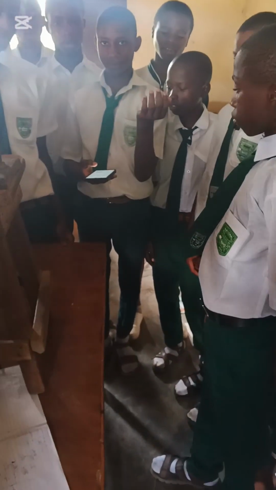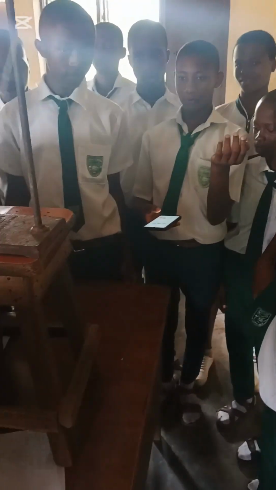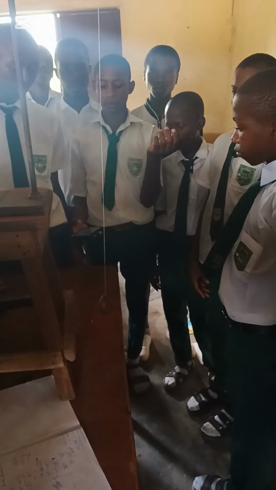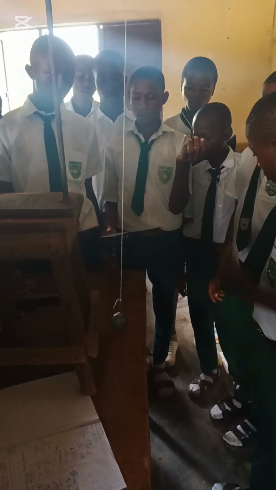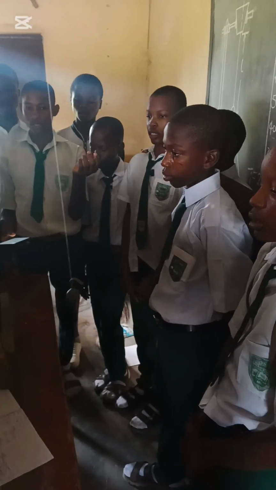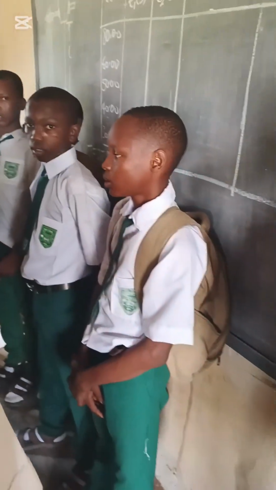Counting: 3, 4, 5, 6, 7, 10, 12, 13, 14, 15, 16, 17, 18, 19, 20.